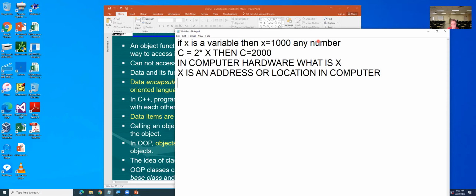If I get a computer with only 3 wires for address, then question: how many locations?